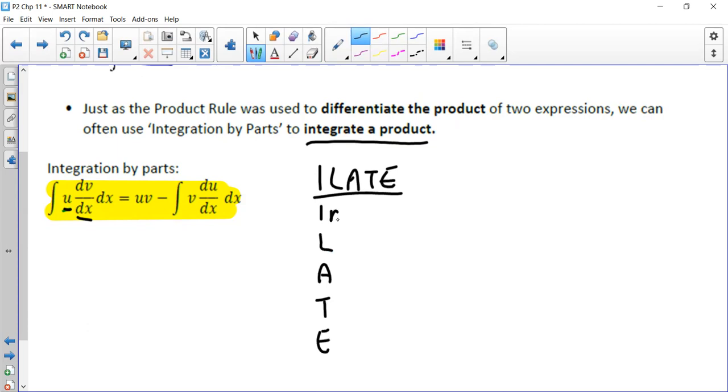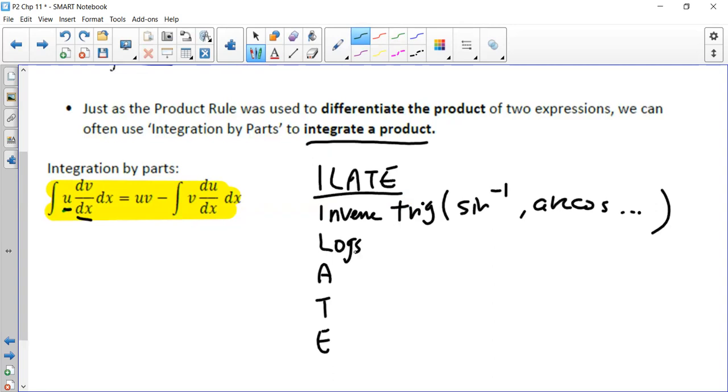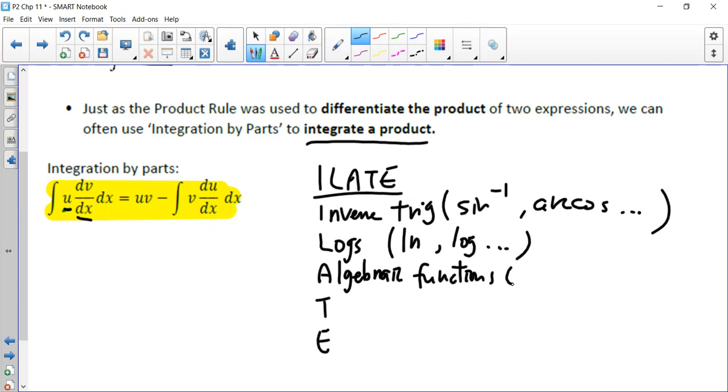I stands for inverse trig, let's say arc sine, arc cos, etc. L stands for logarithms, e.g. ln, log, etc. A stands for algebraic functions, anything like, for example, x squared, x cubed, square root of x plus 1, etc.